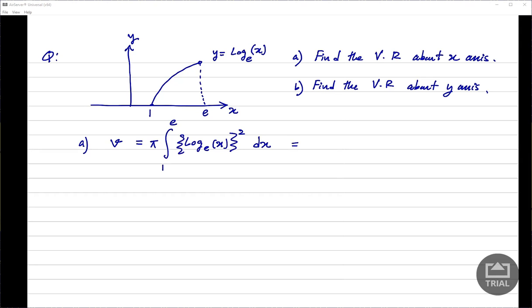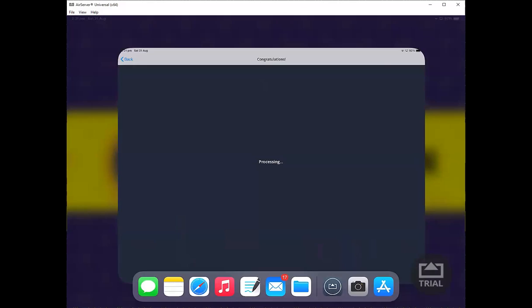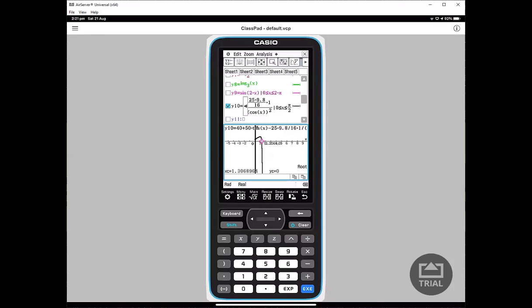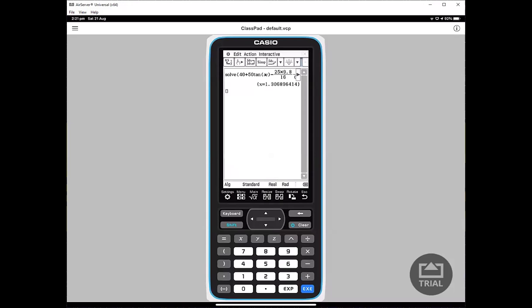So that would be, let's see, integration of log x squared dx, 1 to e.